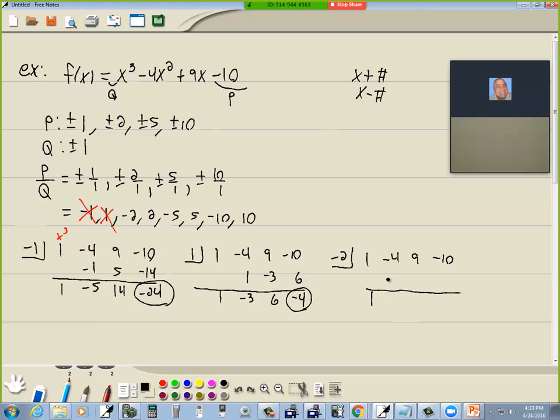So add, you put zeros for missing powers. Like if you label your largest power x to the third, then this would be x squared, this would be x, and this would be our no x, our constant term. So if we were missing the x squared and the x, you'd put zeros here and zeros here.